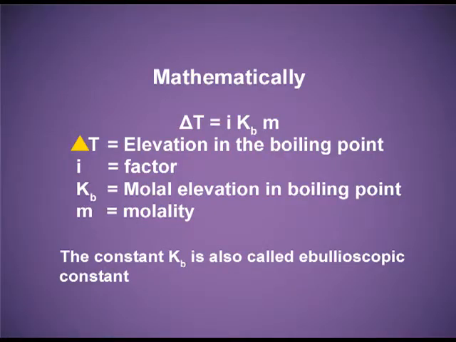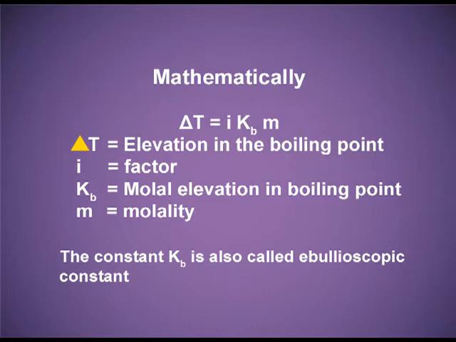Now, mathematically you can see delta T is equal to i Kb m. Here delta Tb, or delta T, is the elevation in the boiling point. i is Van 't Hoff's factor, which I will explain to you later on.